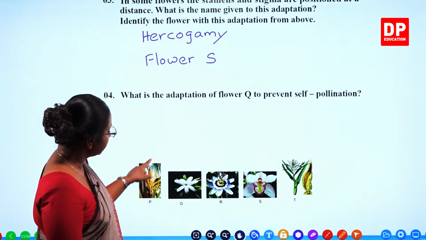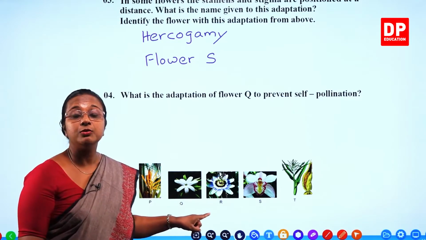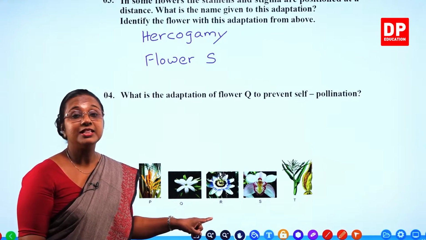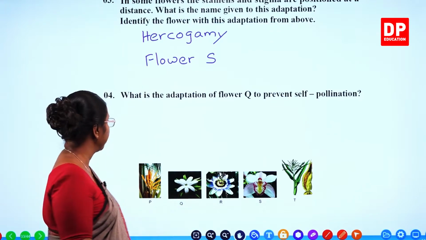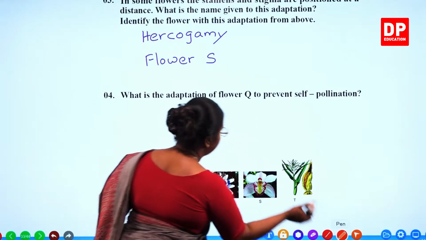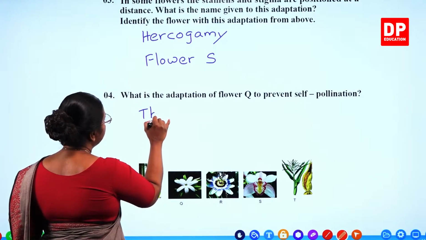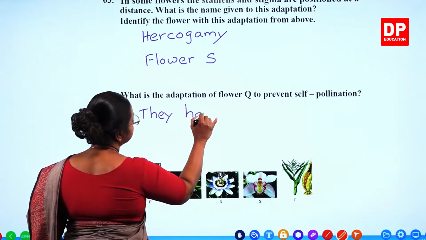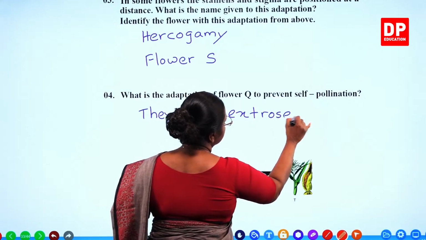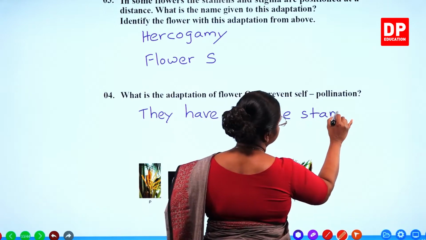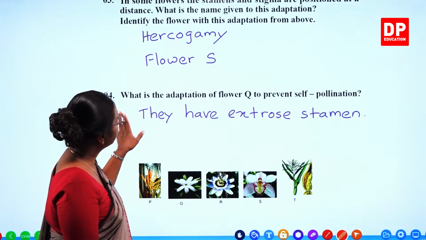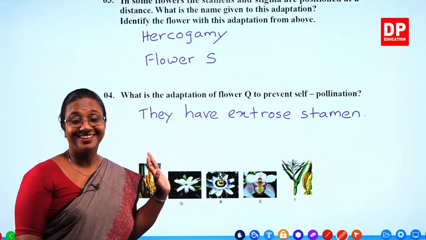So the adaptation of flower Q to prevent self-pollination is extrose stamen. I am sure you have answered these questions correctly.